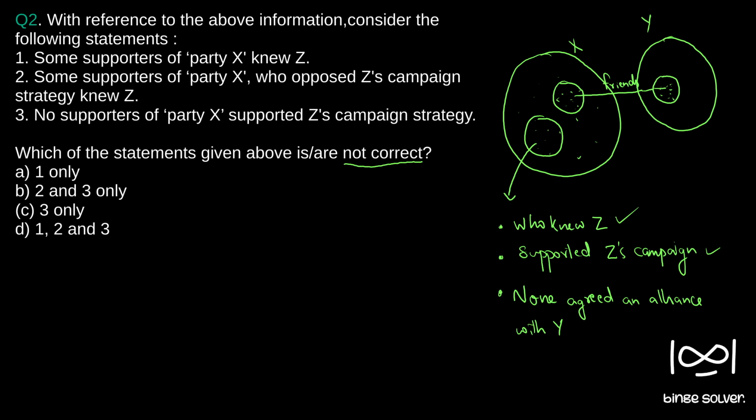There is a chance that many of you will either miss this or forget once you start solving that they are asking for not correct statements. So we just want to pick the incorrect statement from this. As you can see, some supporters of party X knew Z is a statement we already got.